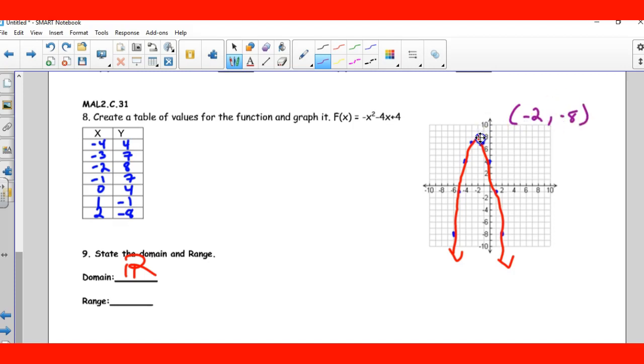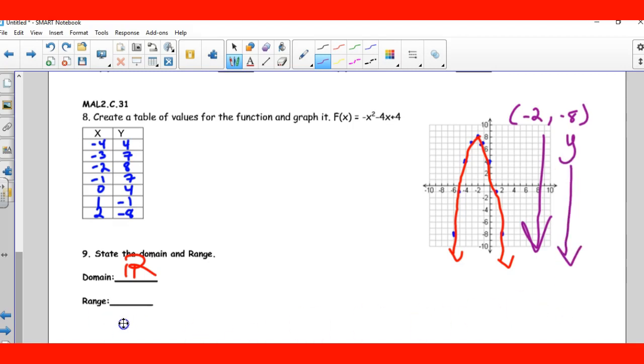Now that we know our maximum, notice how the graph goes down from here. See the y values? Everything's getting smaller: 8, 7, 6, 5, 4, 3, 2, 1. See how this is going down? So the y values are getting lower.